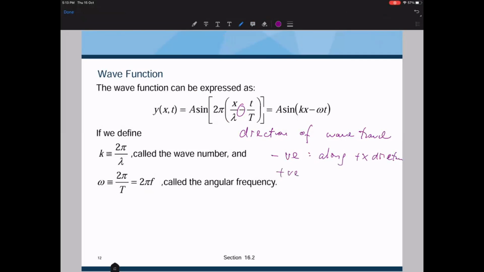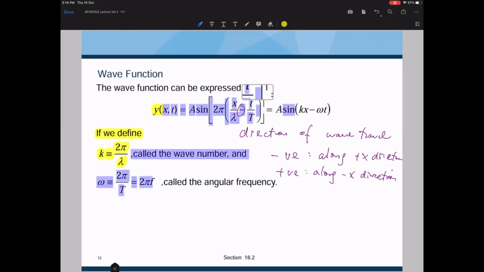If it is positive, that is along the negative x direction. It is determined in this way. So this would be the general equation applicable for many different types of sinusoidal waves.